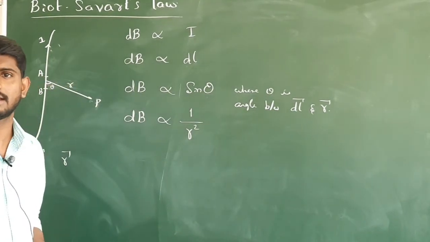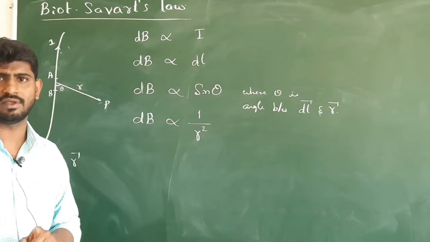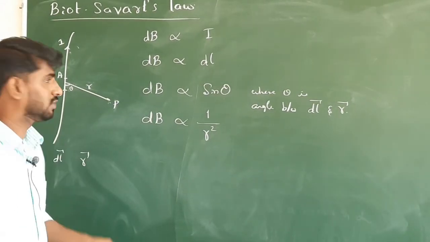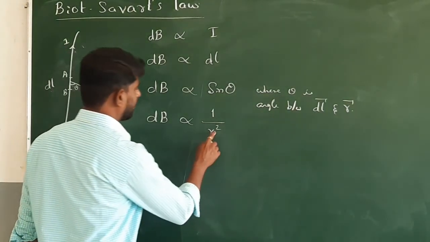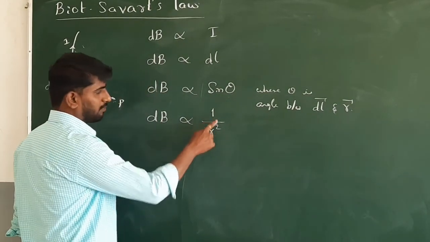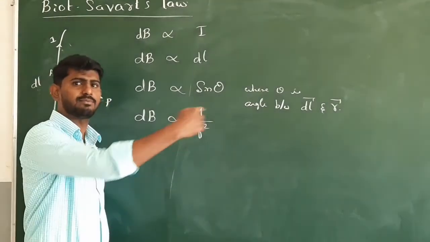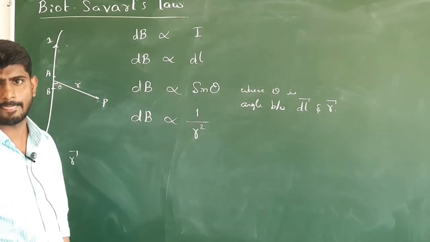What is the direction of dl? Last class I told you, if we take a length vector, the direction is the direction of the current. Then the magnetic field is inversely proportional to the square of the distance of the point P from that current element. Okay.